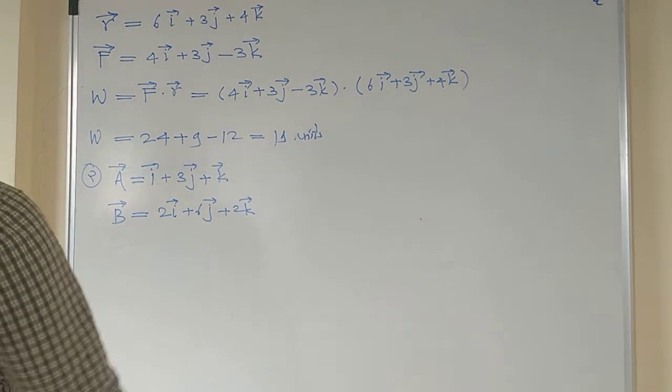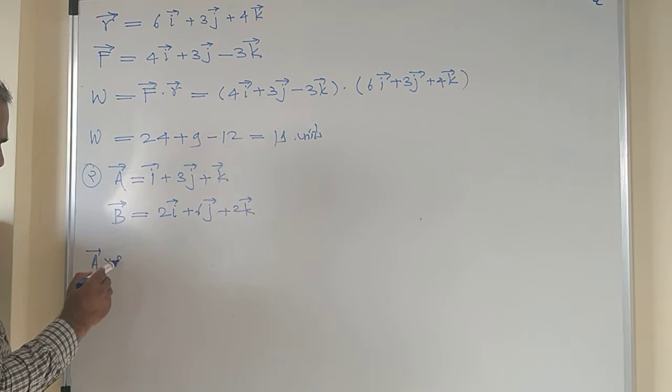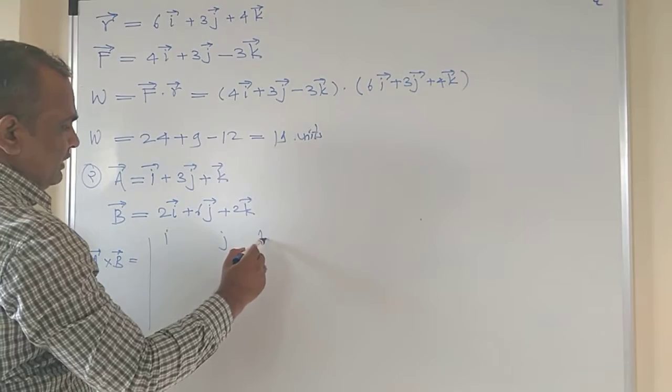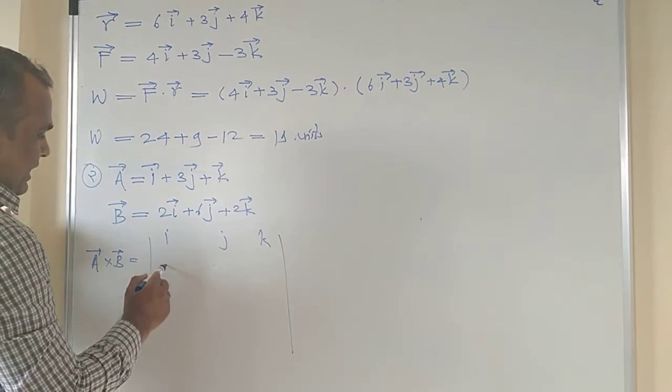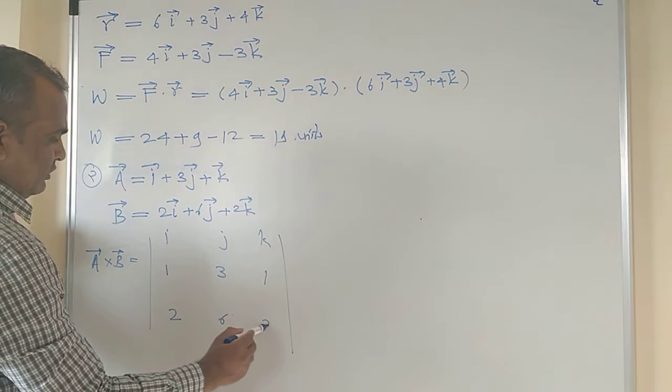For these two vectors to be parallel to each other, we have to show that the cross product is equal to 0. And how to calculate the cross product? By using the determinant ijk. The first row will be the coefficients of ijk, 1 3 1, then 2 6 2.